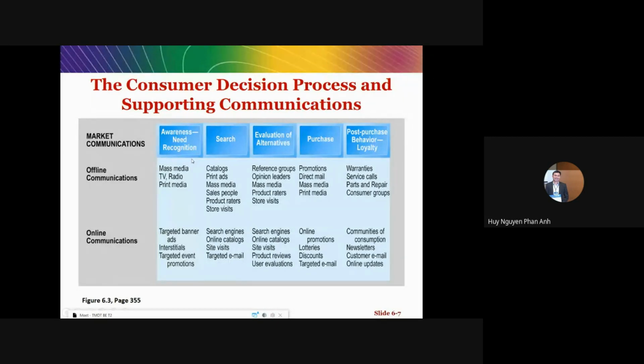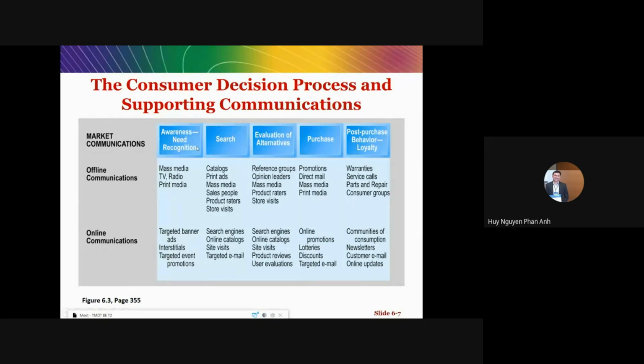They become aware of our products, or they know their needs, based on commercials on TV or printed media as well. For online, now most users use online communication tools. So we can target based on banner ads on websites, sponsored ads on Facebook or social networks. And we have several targeted event promotions, such as the 10th of October, etc., or Christmas, some special events.